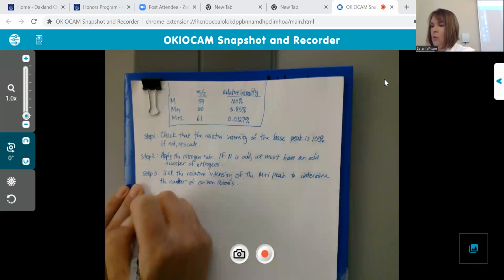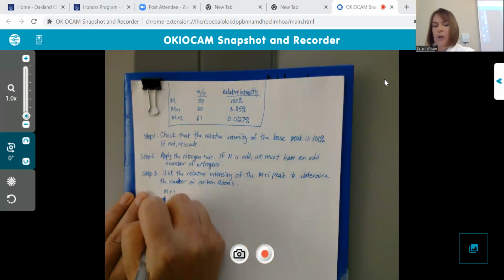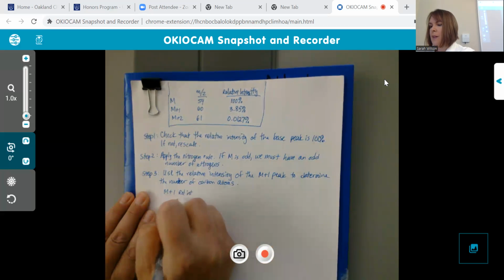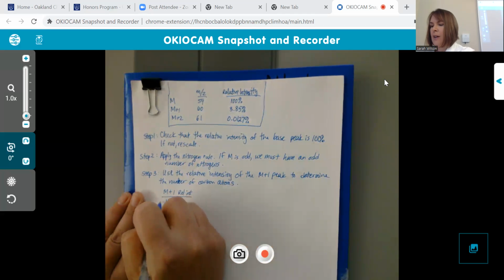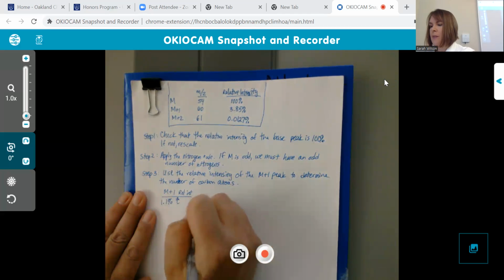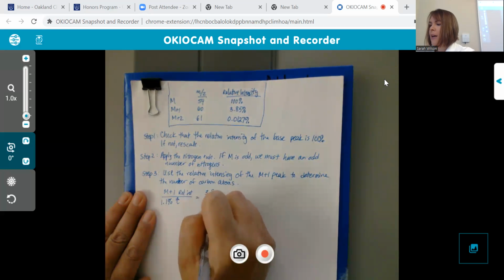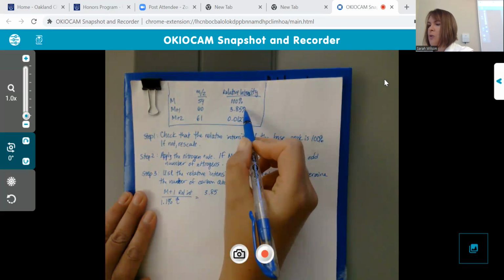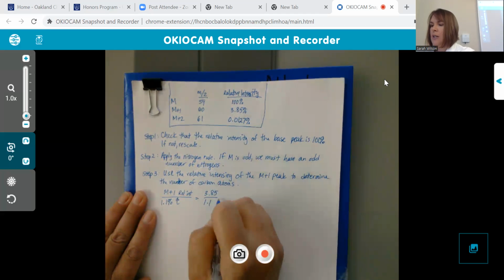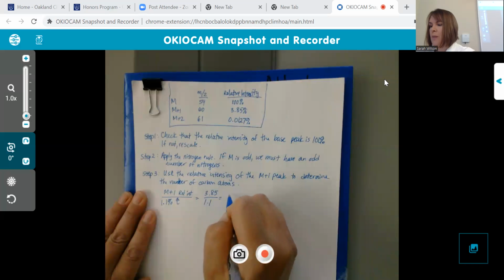In this case, the M plus 1 relative intensity divided by the abundance of carbon-13 in nature, which is 1.1%, gives us 3.85 right here. That's where the 3.85 comes from. 1.1 is the natural abundance of carbon-13, so we're using this isotope of carbon to determine how many carbon atoms there are.